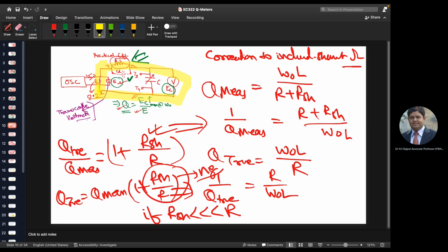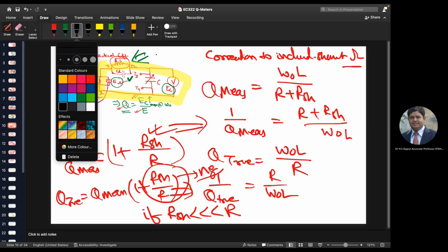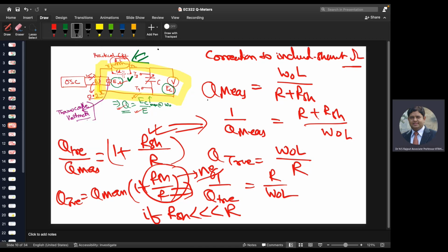So the actual true resistance will be R plus RSH. So technically speaking, Q measured is equal to omega naught L by R plus RSH, right? Rather than only using R.